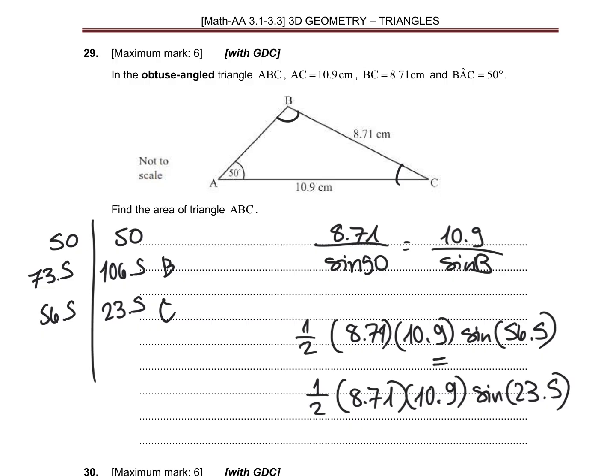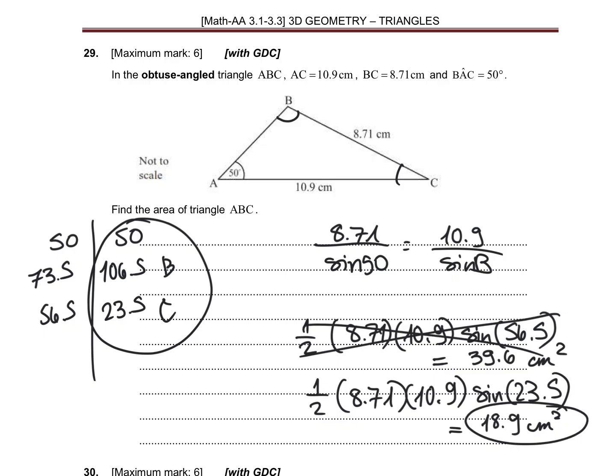So for this one we get 39.6 centimeters squared. And for this one, we get 18.9 centimeters squared. So I'm just reading because it's an obtuse triangle. So this has to be it, because it has to have an obtuse angle. So this is our answer.